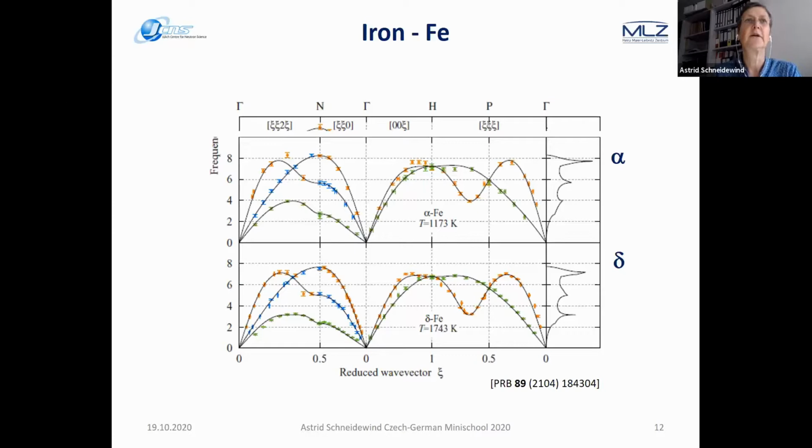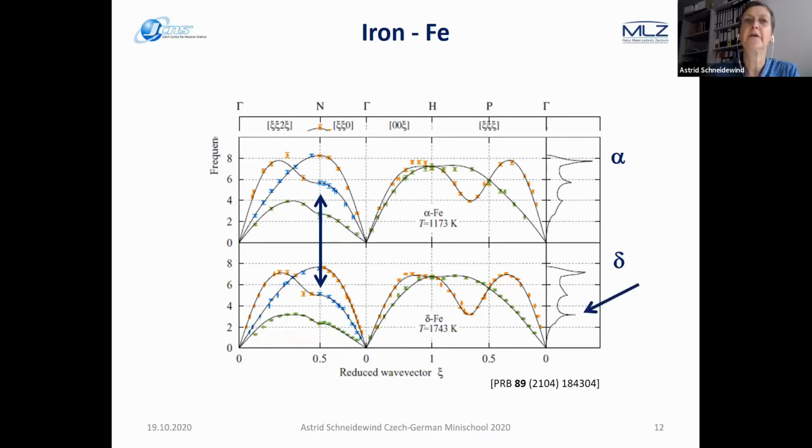And what you can see here, comparing this alpha phase with the unconventional delta phase, is that at the end point, a high symmetric point, and in the direction of HH to the gamma point, there is a softening of the phonon energy, both for this blue and for this green phonon.